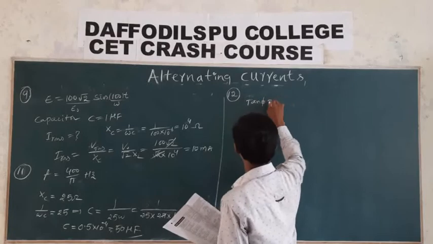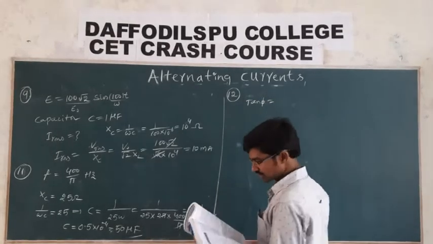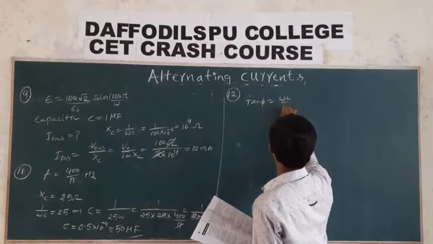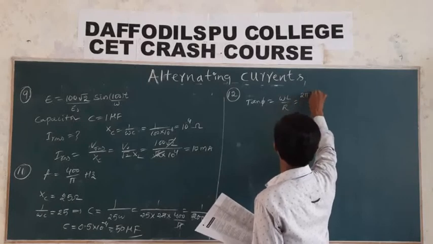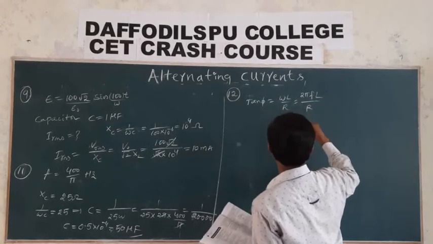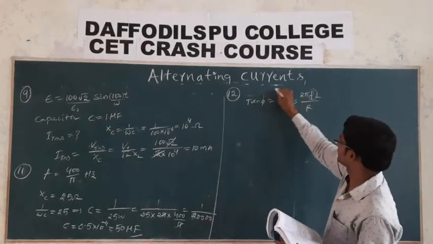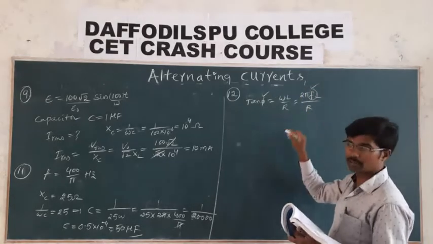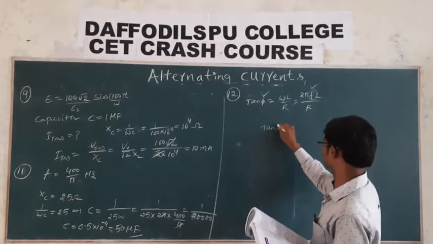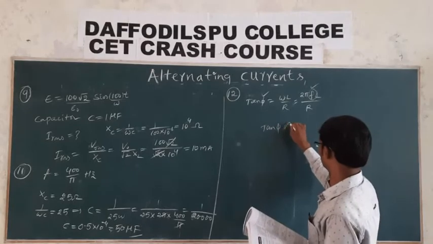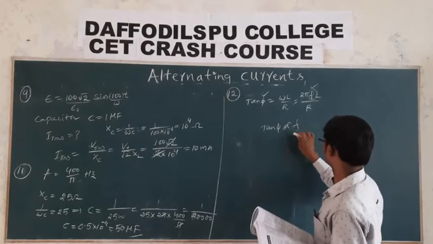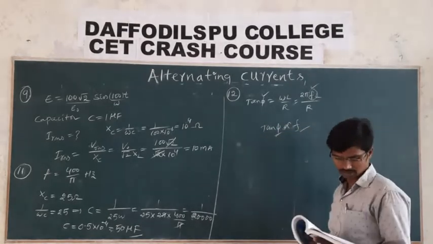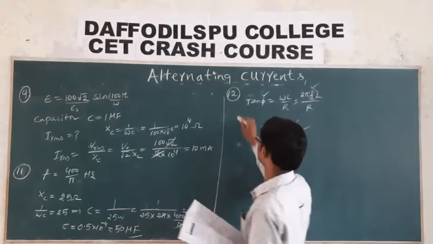As it is an LR circuit, the phase difference is tan phi equal to omega L by R, which is 2 pi f L by R. Now, tan phi is directly proportional to f, frequency. So as frequency increases, the phase also increases. Increasing, fourth option.